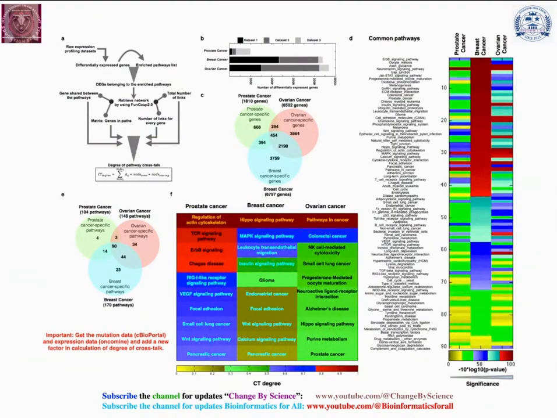Now you can proceed further to think about how to structure a simple research paper. For example, in figure A, you can see the workflow. A workflow is always helpful when you are doing research work, and it is always helpful to present it. Then B represents the total number of differentially expressed genes in prostate cancer, breast cancer, and ovarian cancer.